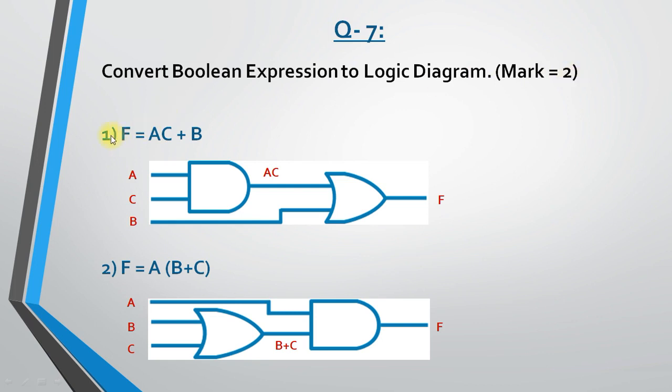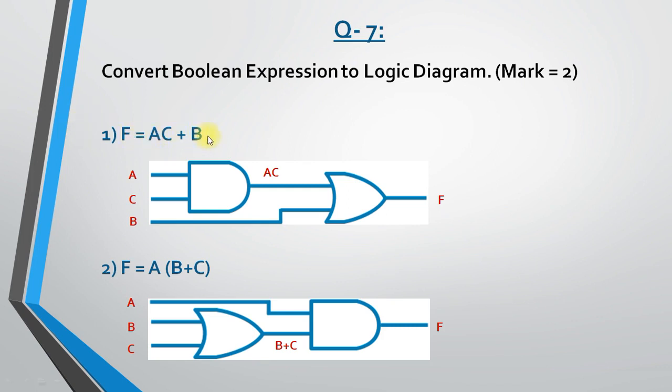The Boolean function is given: f equals AC plus B. Whenever any expression is given, think about how many logic gates you can use to draw the particular logical circuit.